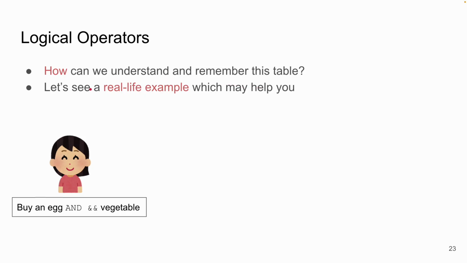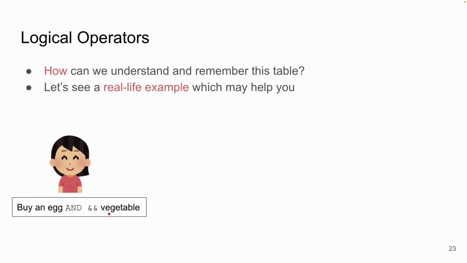I thought of a real life example which might help you understand the logic behind AND and OR. Let's assume that my mom or your mom told you, please buy me an egg and vegetables.